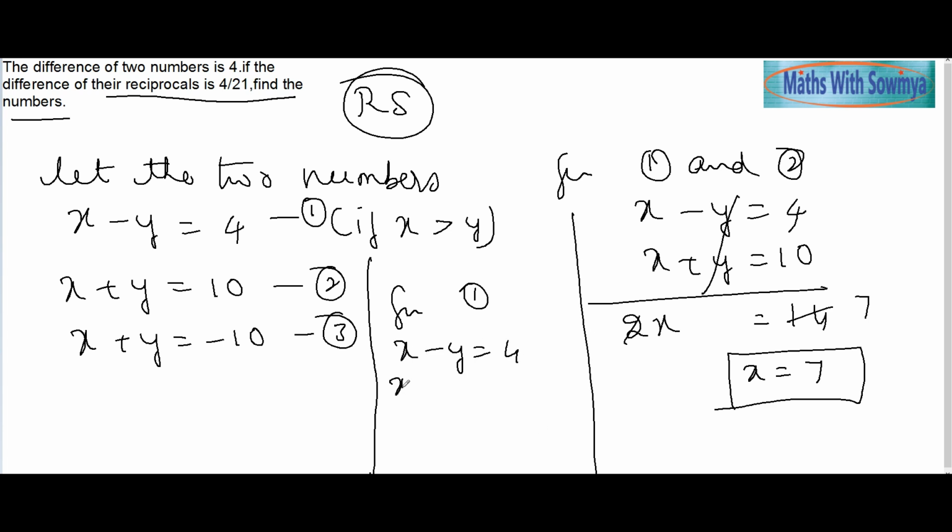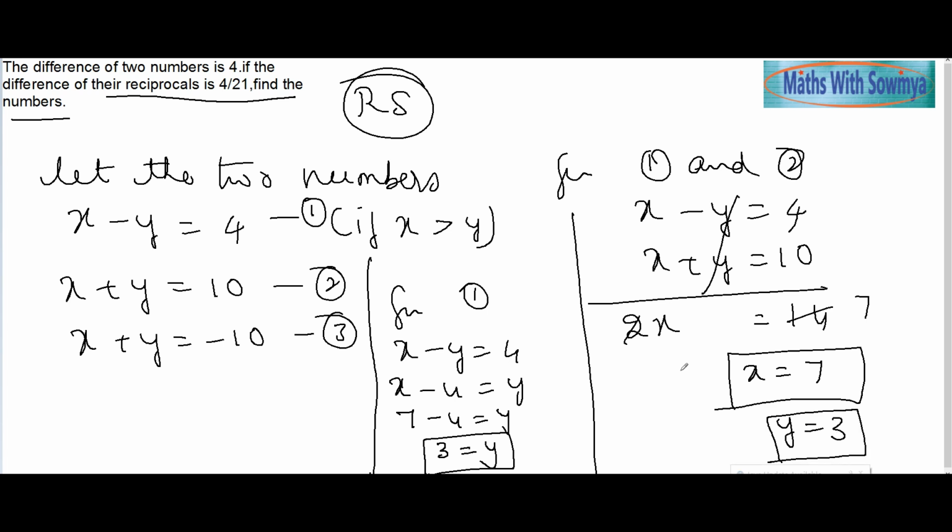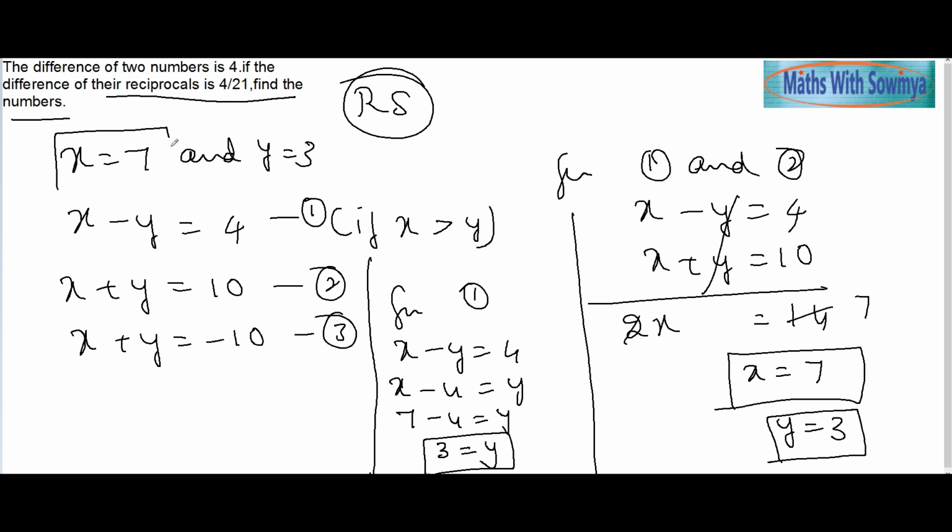The value of x we know, we have to find y. So, x minus 4 is equal to 7 minus 4, 3 is equal to y. So, we got y is equal to 3. So, my first numbers would be 7 and 3. I'll just put it somewhere here. So, x is equal to 7 and y is equal to 3. This is what I got in the first step.